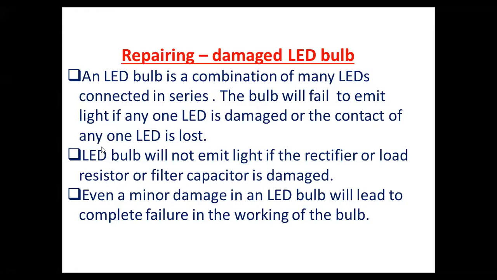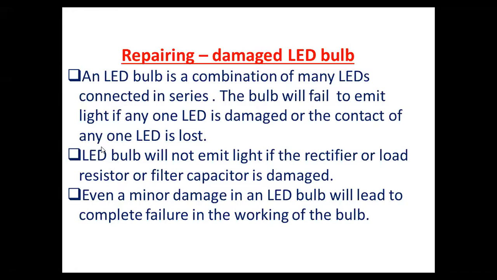Even a minor damage in an LED bulb will lead to complete failure in the working of the bulb. So, is there any minor damage that makes the bulb fail completely? Then replace the damaged piece.